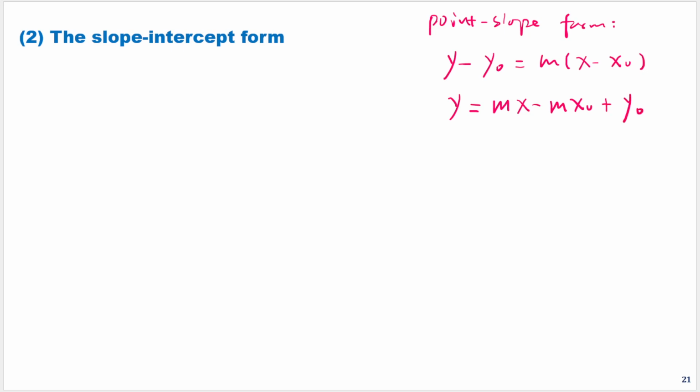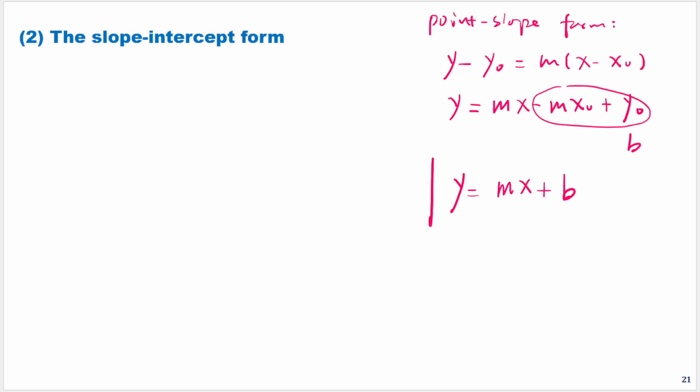So m is known, which is a constant number. x naught, y naught are also constant numbers. So if we denote this number here as another number b, then this equation is actually y equals mx plus b, right?